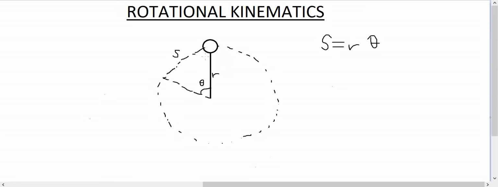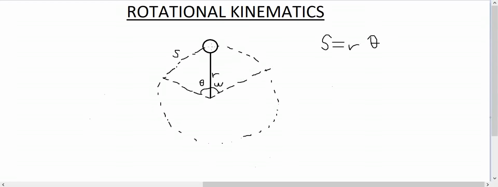So that's it for tangential displacement. Next is tangential velocity. Let's say it's currently that this ball is traveling at a constant angular velocity, omega. So what's the tangential velocity?